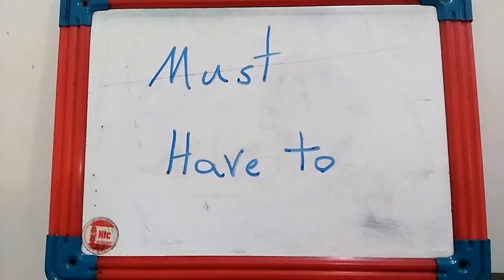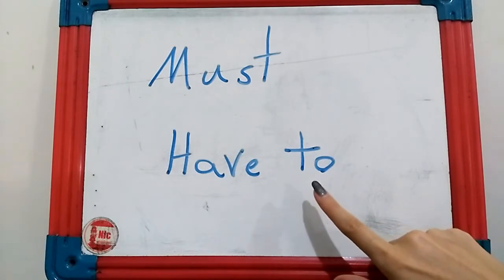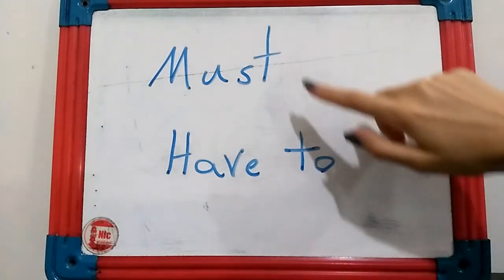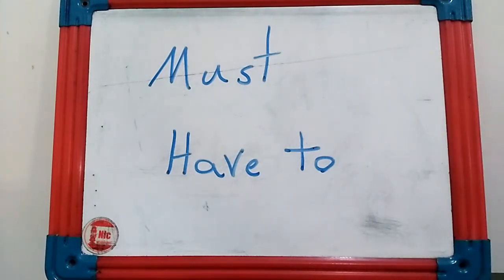So let's start. Today we are going to talk about must and have to, some differences between them, and we are going to know some structure, meaning and example. So what's different between must and have to, and what does it mean?